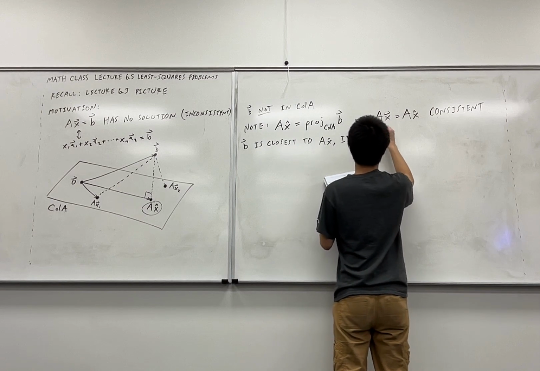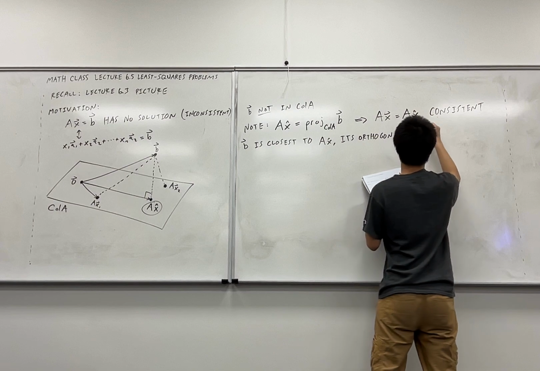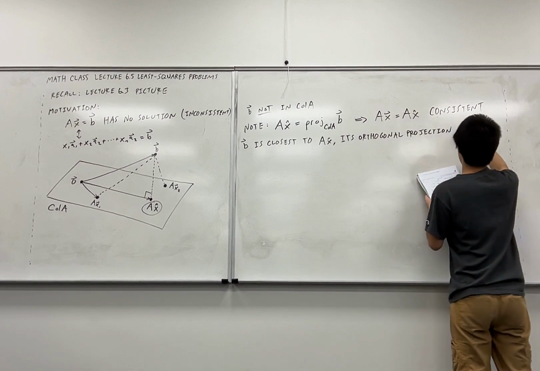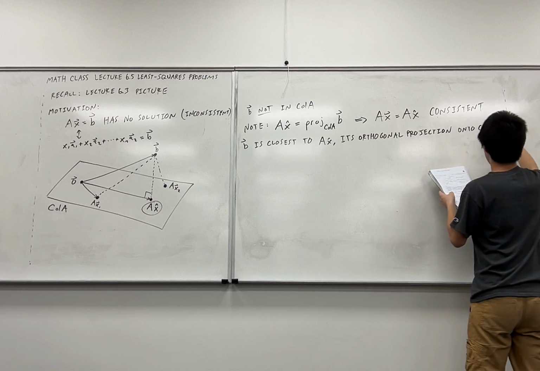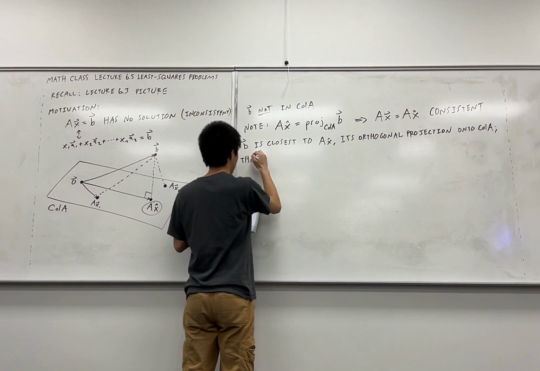It's orthogonal projection onto the column space of A. That is, so what's another way of thinking about that that's the same?